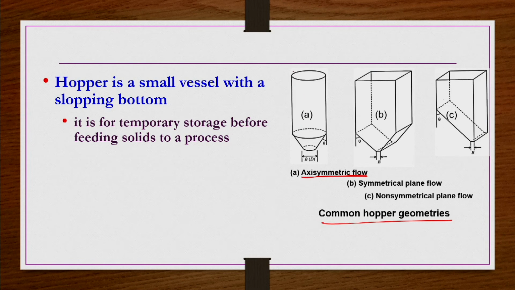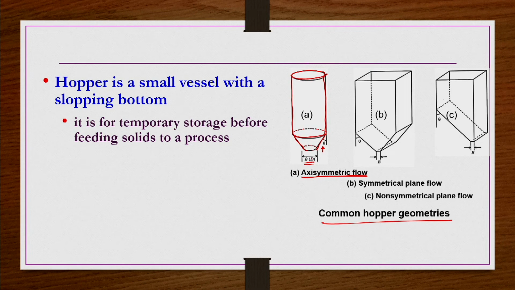We have a cylindrical vessel like this, and then a sloping bottom like this, and then a sufficiently big opening here. This opening is B, and this angle is theta, the same on either side. And then the flow is a symmetric flow.